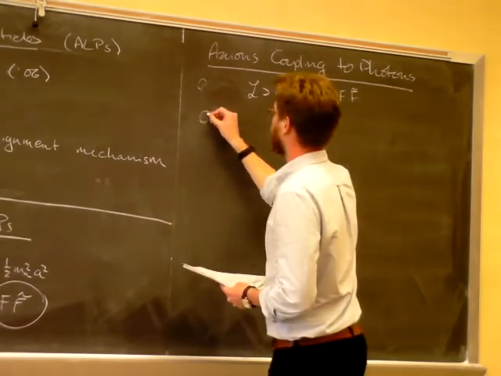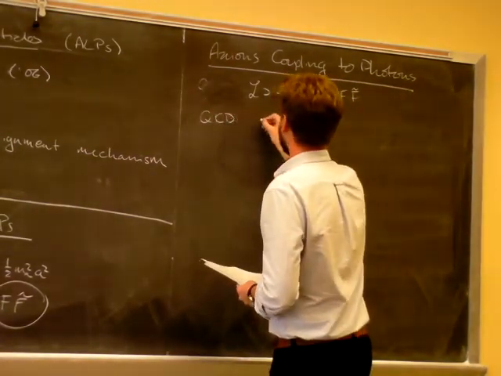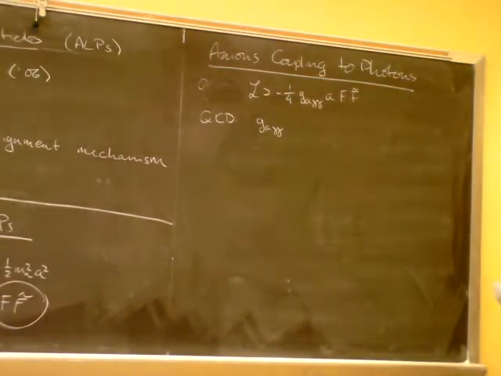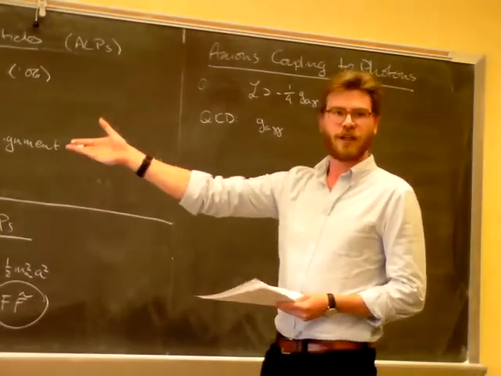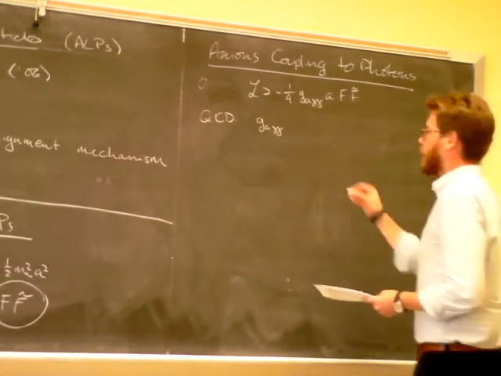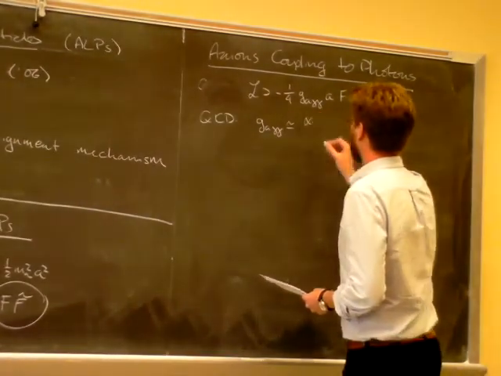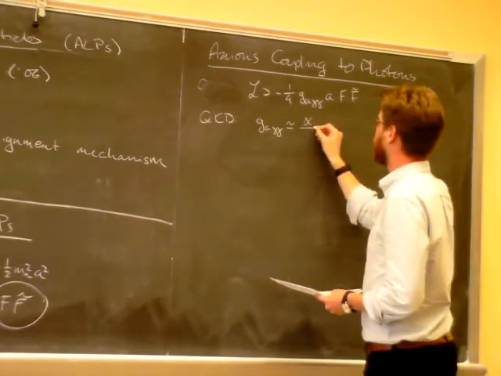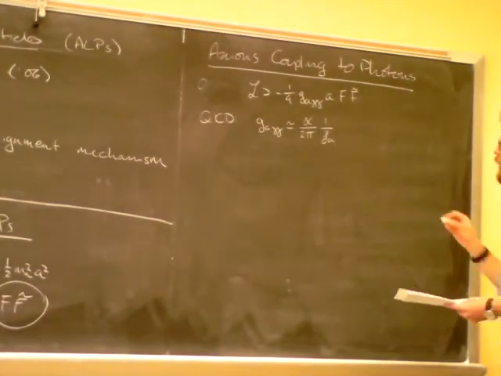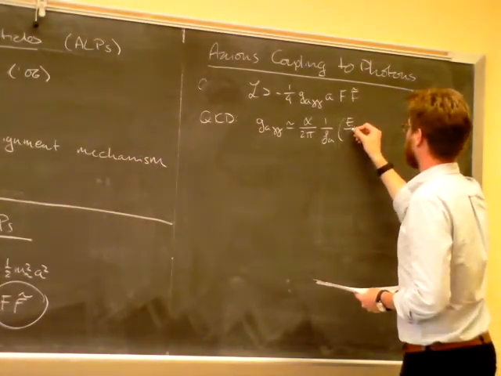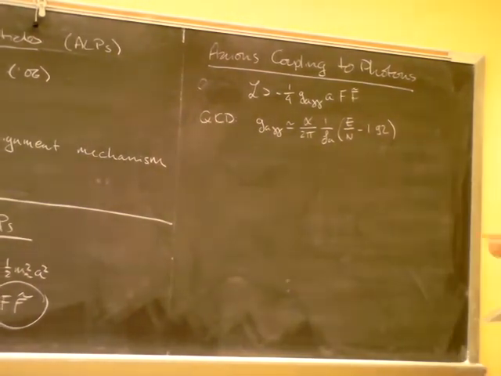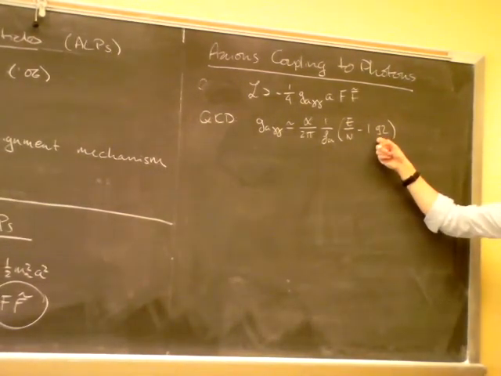So in the case of the QCD axion, this g_aγγ is predicted to have a very particular structure due to the fact that it actually has some physical meaning with respect to your QCD part of your theory. And this is roughly the fine structure constant of QED over 2π, 1 over the axion decay constant f_a, and then 2 terms here. So this term is the one that is irreducible.